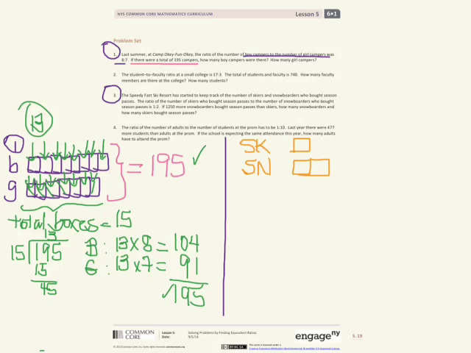So what else do I know? It says there were 1,250 more snowboarders. So it needs to sit here, 1,250 more snowboarders.